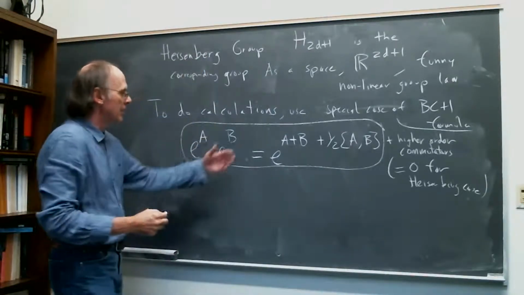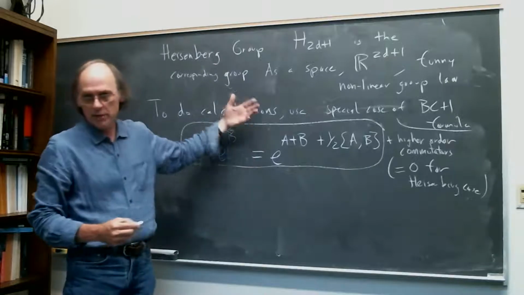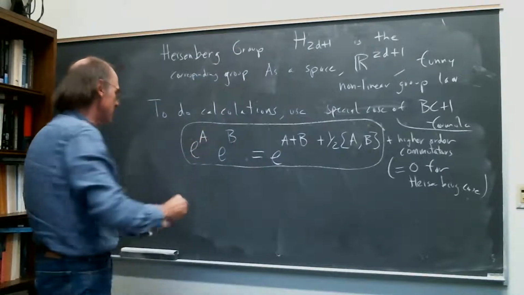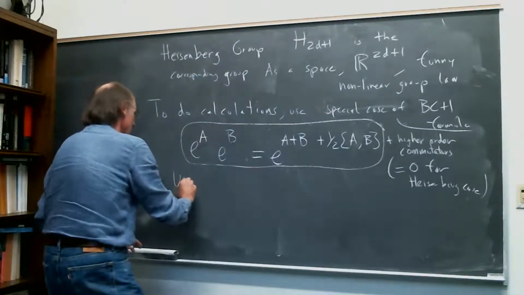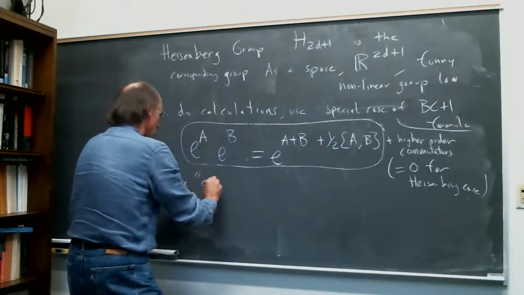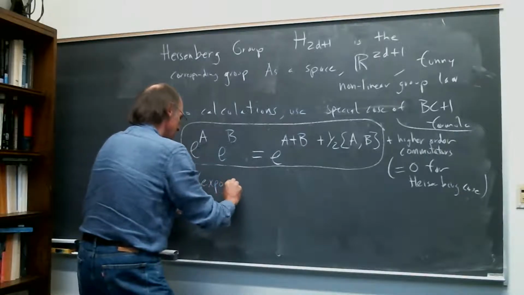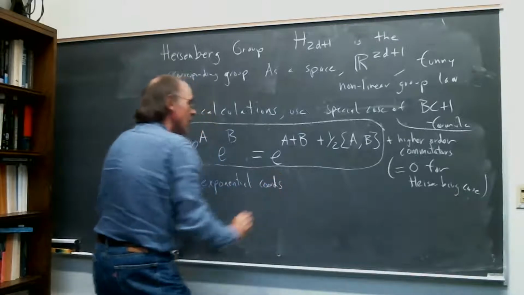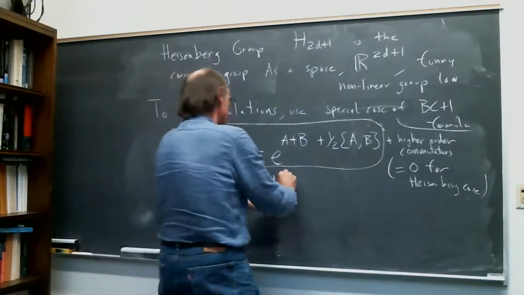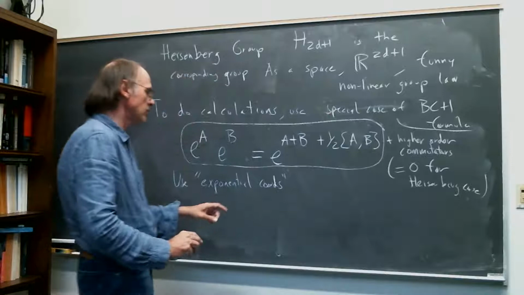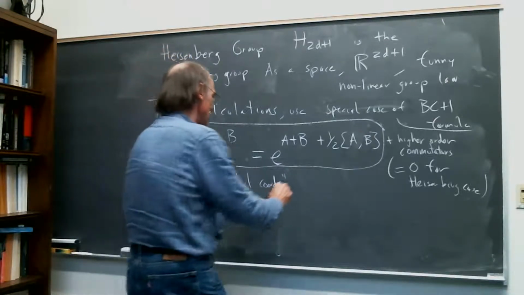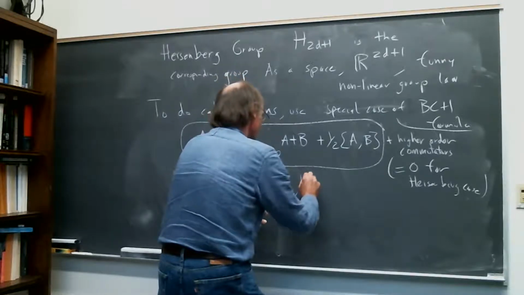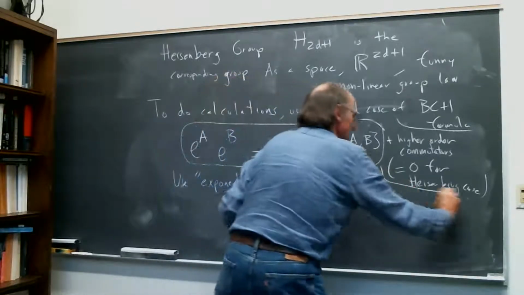instead of working with matrices, another way to work with the Heisenberg group is to use what are called exponential coordinates. So in other words, let me just say it this way.